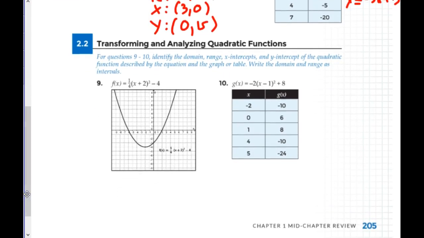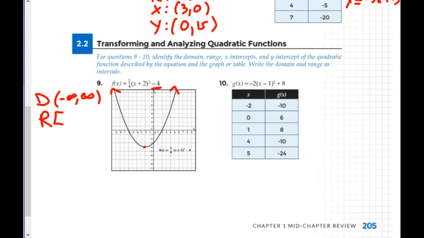Alright. So about quadratic, domain, range, x-intercept, y-intercept. The domain is always negative infinity to positive infinity for quadratic, but the range is from the y value, which is this. Alright, so again, negative 4 is where it starts, because it goes from here up forever, right?